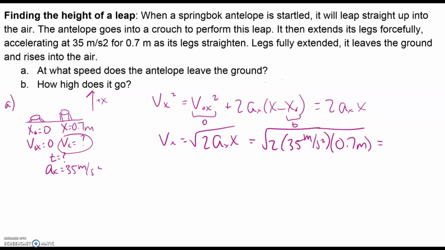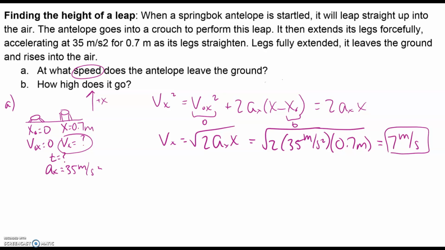I just have 7 meters per second written here. I think I was being kind of sloppy here with significant figures, but I'm just going to roll with it. Ideally, we'd want to include just one sig fig, because 0.7 meters is just one significant figure, so that must be why I did that. Since it's asking for speed, speed does not have a direction, so we do not need to include direction. If this asked for what velocity the antelope left the ground with, that'd be 7 meters per second upward.